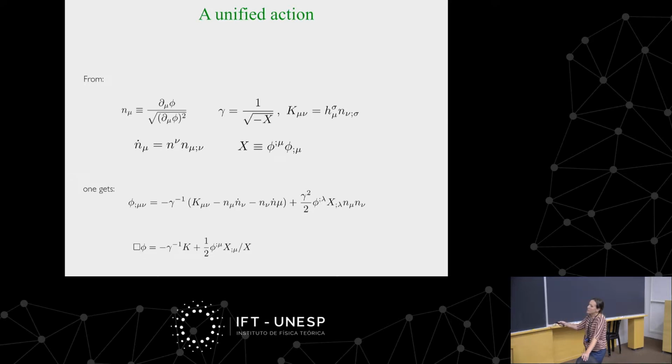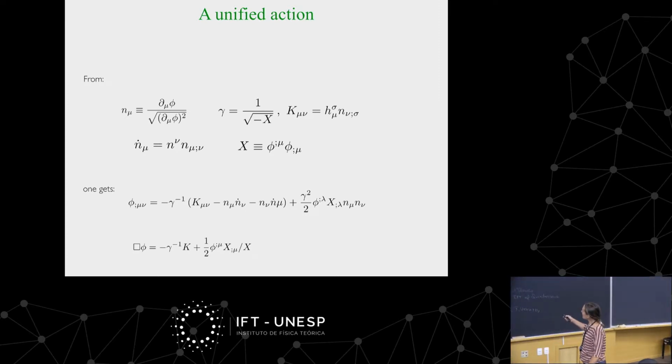And these are typical objects that enter in the action for Galileons. You are not used to seeing them in the standard quintessence, for instance, where you have a simple kinetic term. But we have higher derivative terms. They are typically coupled also to geometrical terms, such as the Ricci scalar, etc. And it's possible, from this definition up here, to work out the expression of such terms in terms of things such as the extrinsic curvature, etc., and your unit vector.